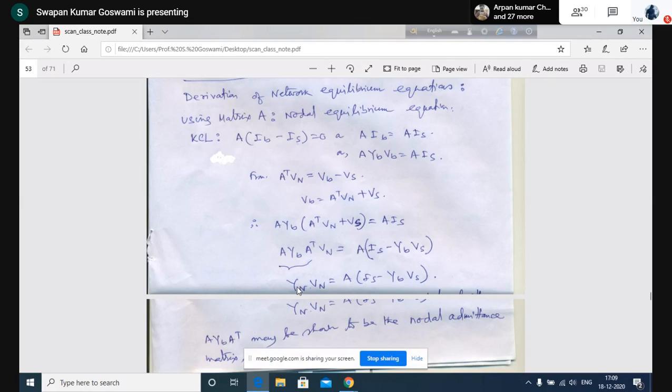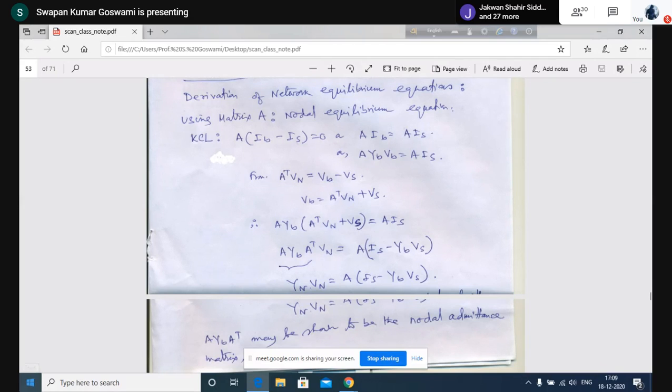Then you will understand why we can write Yn, the nodal admittance matrix, in place of A YB A transpose. So you try that. If you can understand, it is very good. Otherwise, I shall have to show that multiplication as well. First of all, you try to verify that A YB A transpose is nothing but Yn, the nodal admittance matrix.